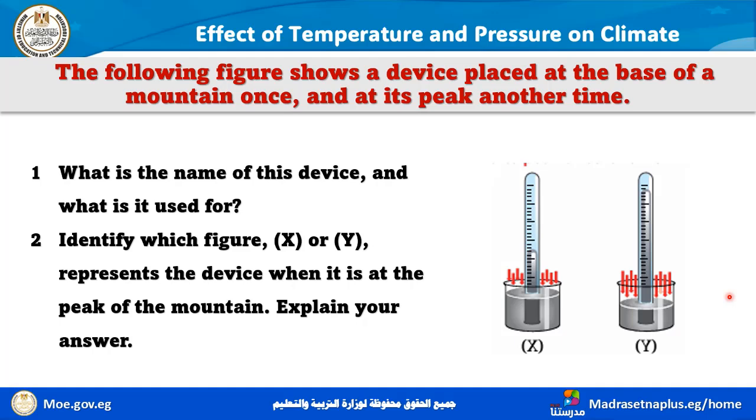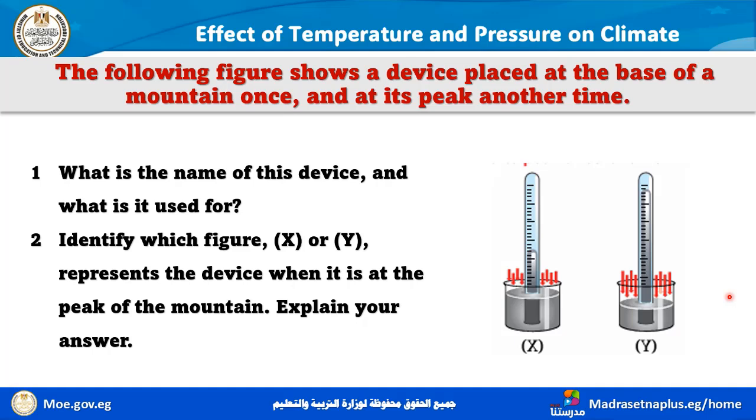The second part of our question is asking to identify which figure, X or Y, represents the device when it's at the peak of the mountain, and explain your answer. Our correct choice is X. Let's explain.